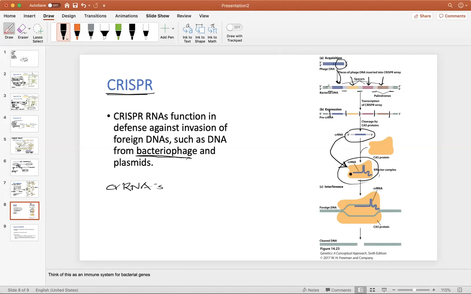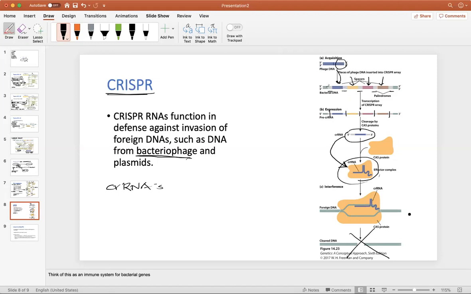And similar to the mechanism of RNA interference, what happens is this complex is going to go along and look at DNA that's floating around in the bacterial cell, and it's going to try to match this DNA to any DNA that's in the cell. And when it finds some, it knows, hey, that's foreign, we got to cut it apart. So this entire system evolved in prokaryotes to act as a defense mechanism against foreign DNA.